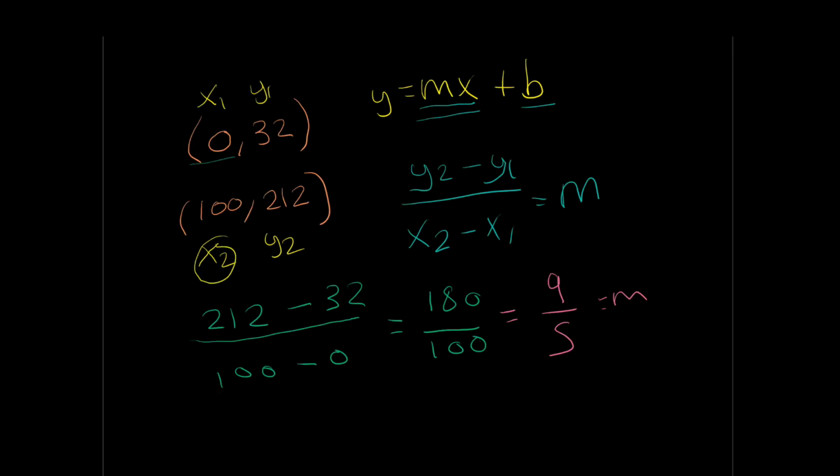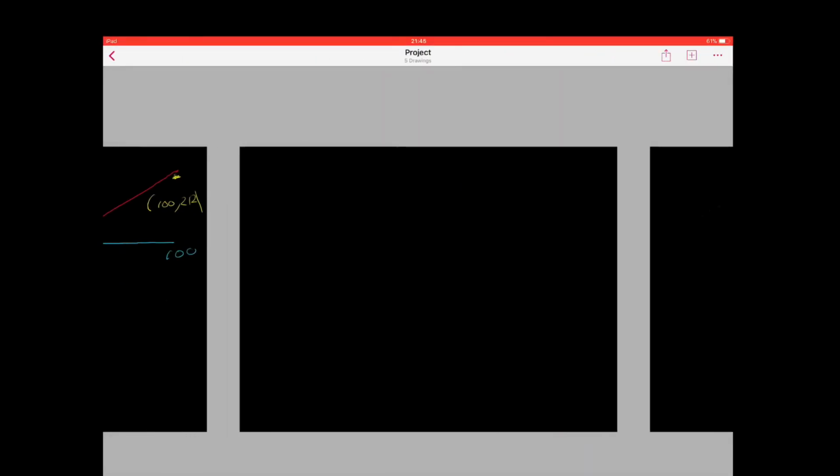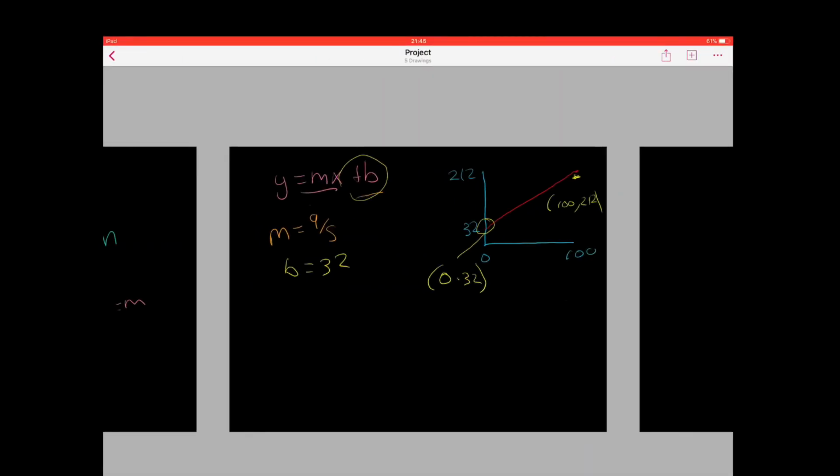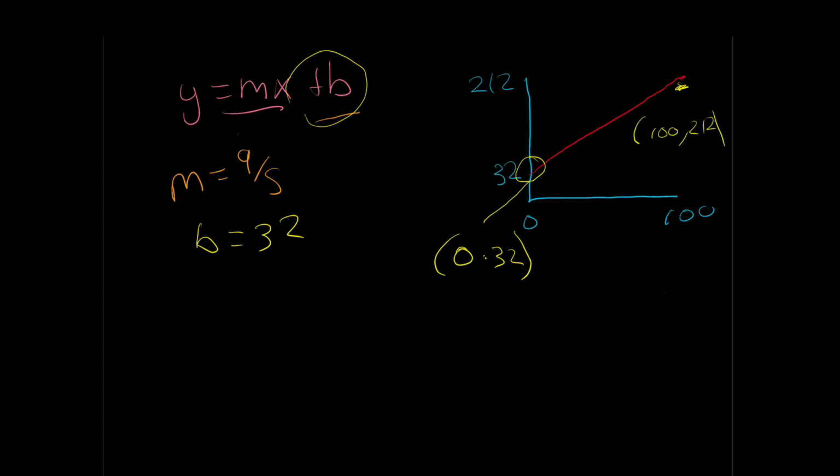The first is x, that is Celsius, and the second one is Fahrenheit. So x equals Celsius and y equals Fahrenheit.